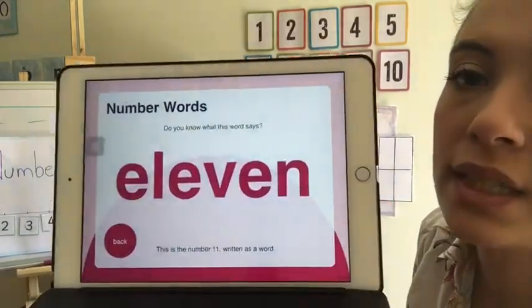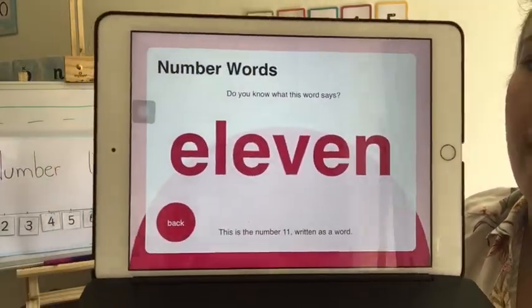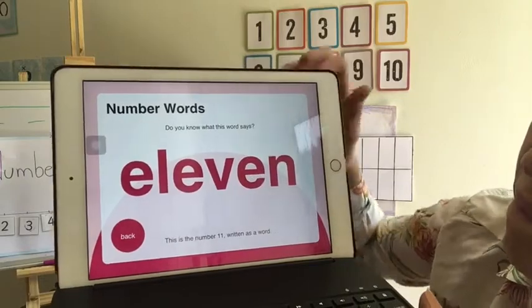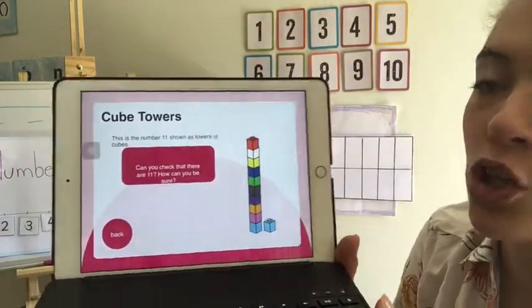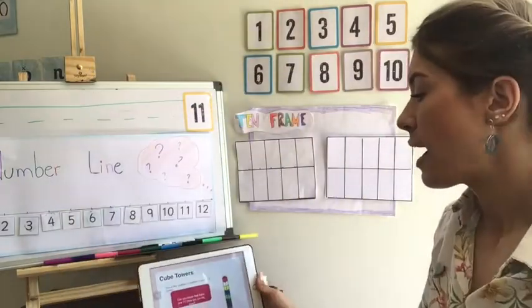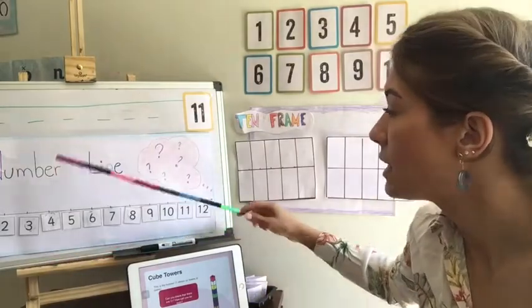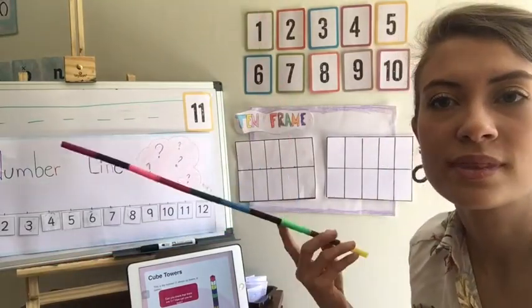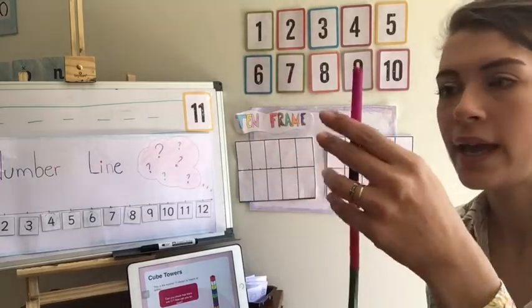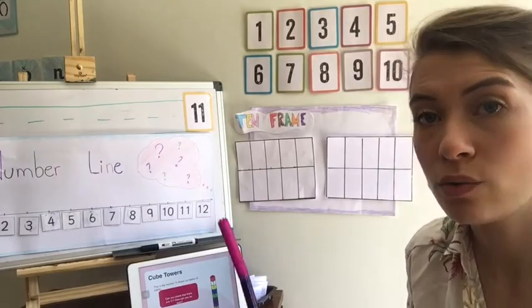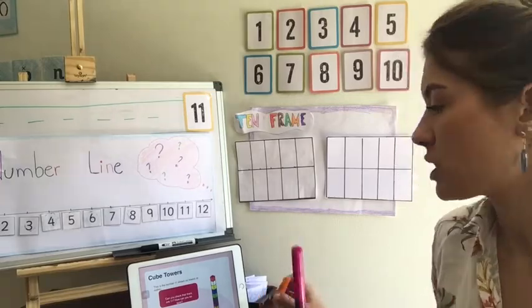Well, we can write the number 11 in words. For example, like this, 11. Well, we can use a cube tower to represent 11. I don't have a cube tower, but I have a lead tower, as you can see over here. I have my counters here. And we are going to count together 11 units.